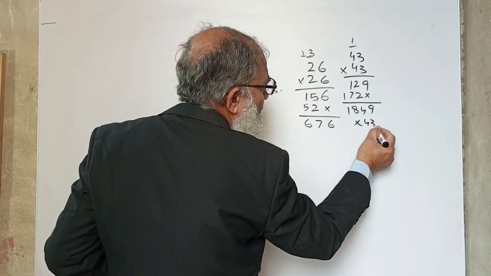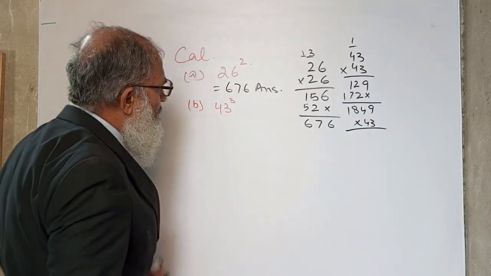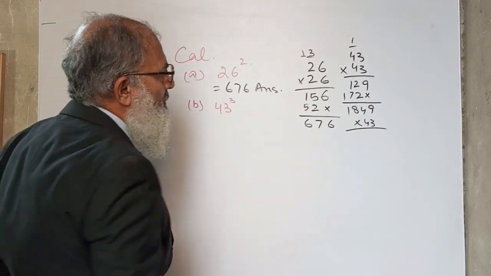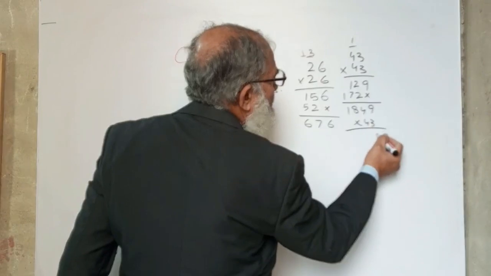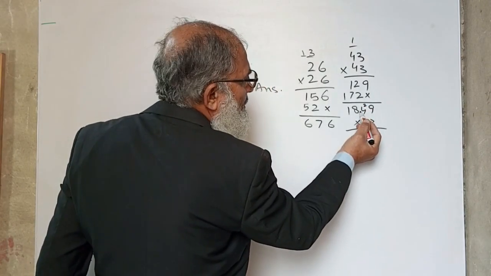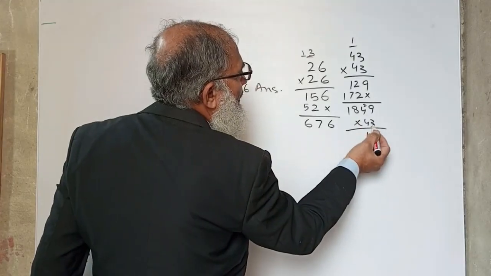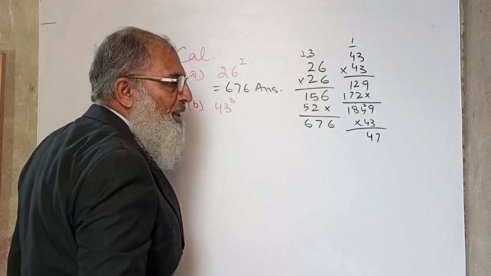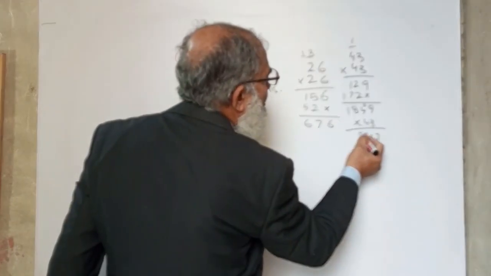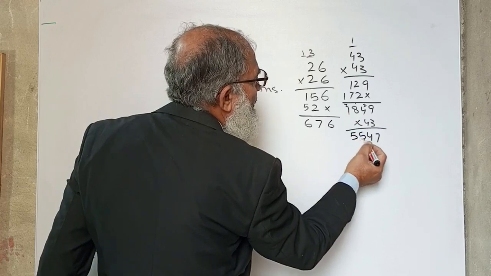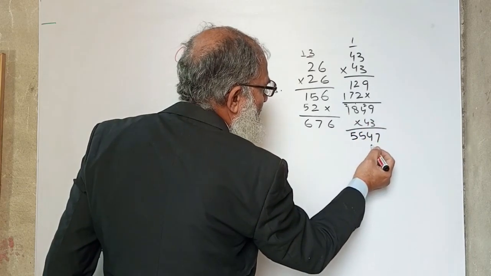Again with 43, because it is power 3 now. 3 times 9 is 27, 2 got carried. 4 times 3 is 12, 14. 3 times 8 is 24 and 1 is 25.